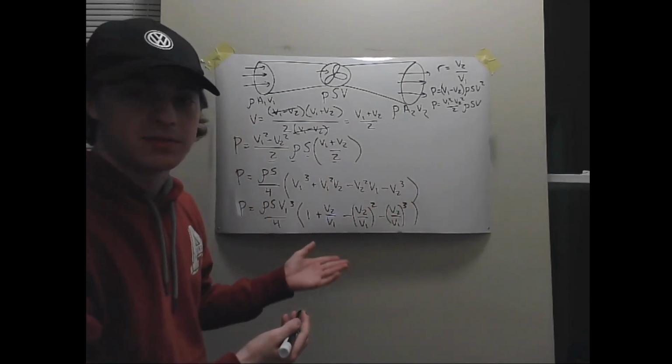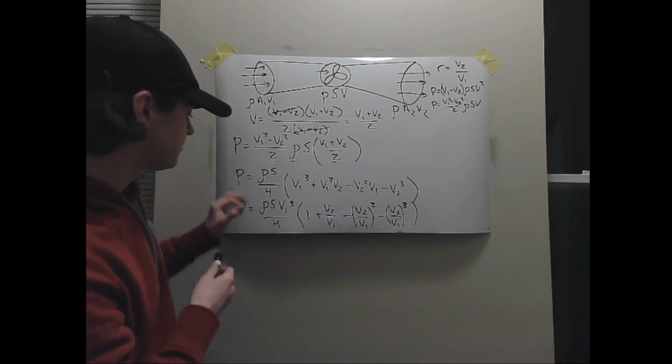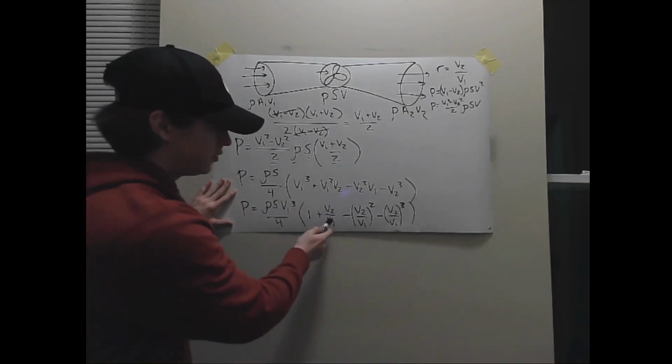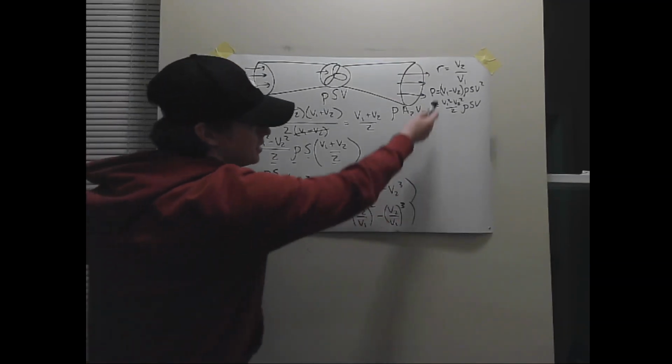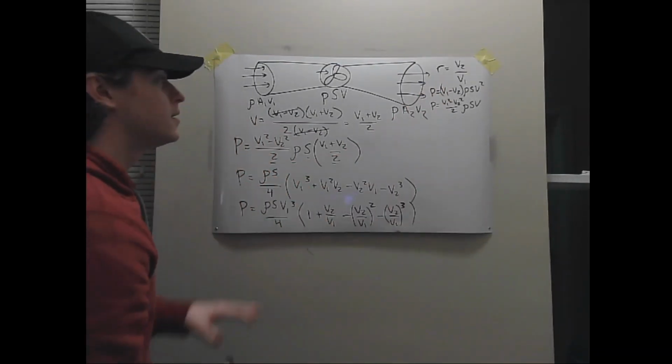And so now if you notice in this bottom expression, we have V2 over V1 3 different times. And so we can go ahead and substitute R in this expression.